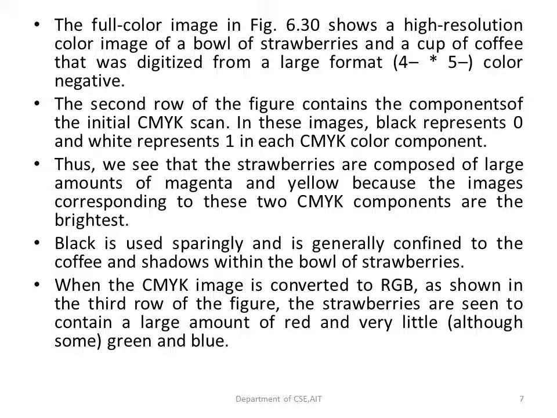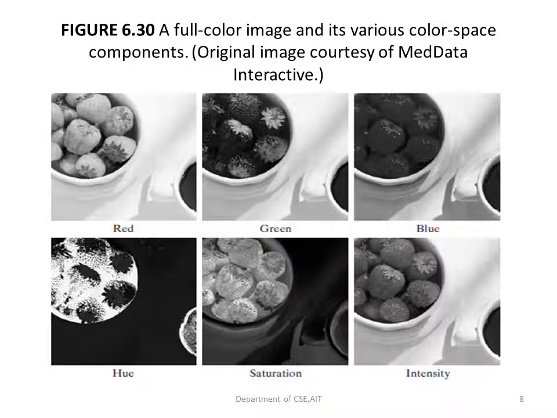In this image also we can see a full color image and its various color space components with respect to red, green, blue, hue, saturation and intensity. The hue, saturation and intensity are considered when we use the HSI color model, and the red, green and blue are considered when we go for the RGB color model.